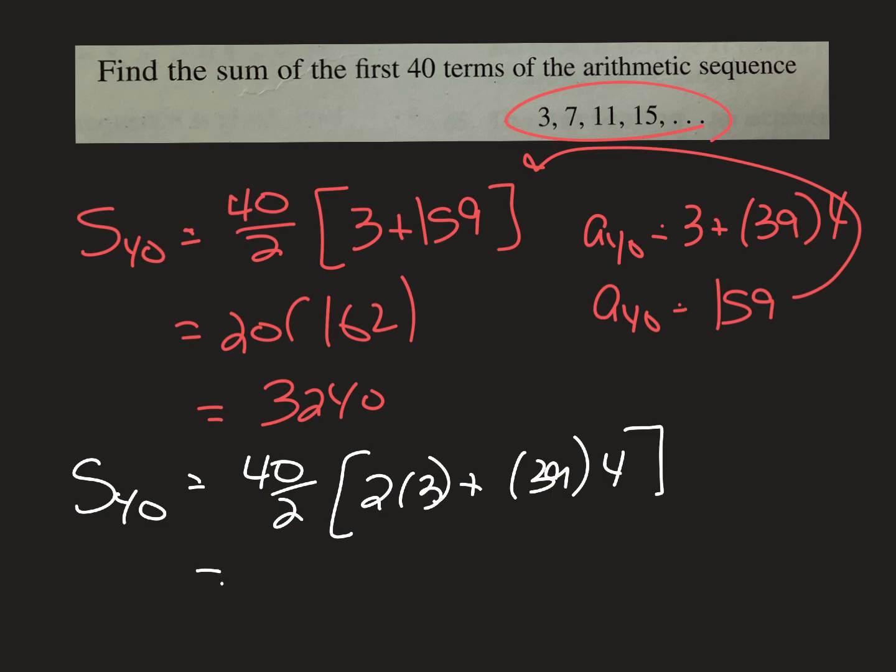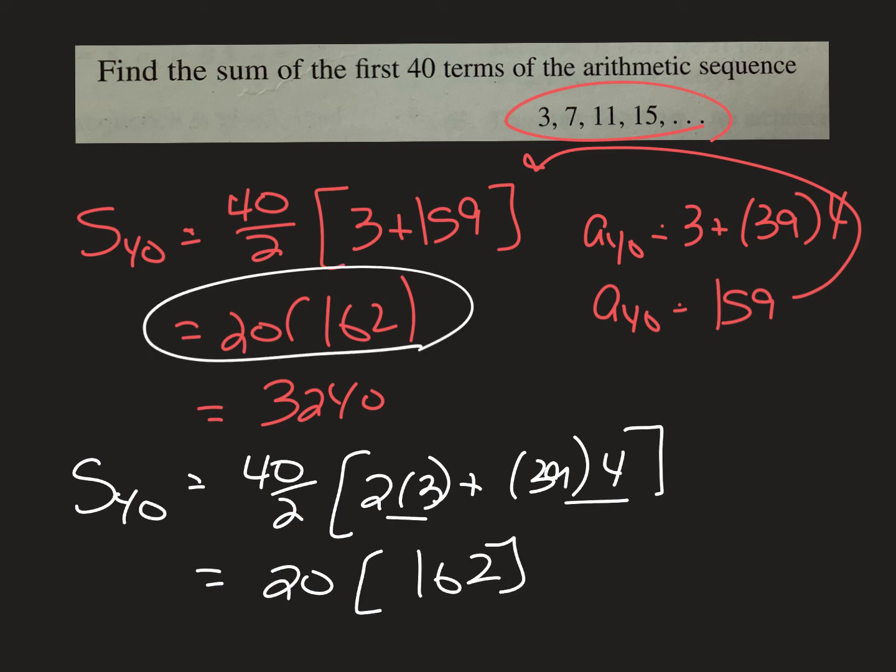I'm just going to work all that out. And outside I get 20. Inside I've got that 6, and that was 156 a second ago. So that's 162. And if you do, then look what you got. Same exact thing. So what this other formula does, or the first formula, if you don't know something, it kind of gives you a good way to go if you don't know everything that you need to find the sum.